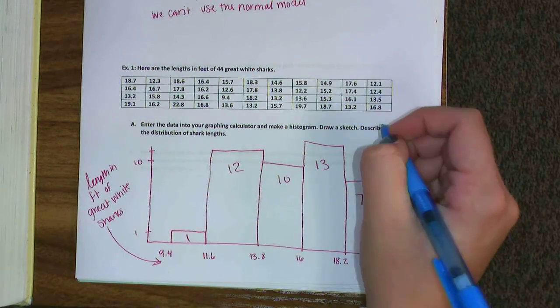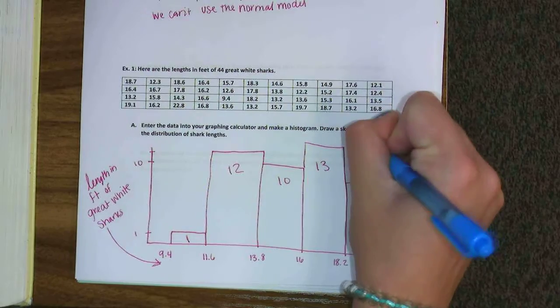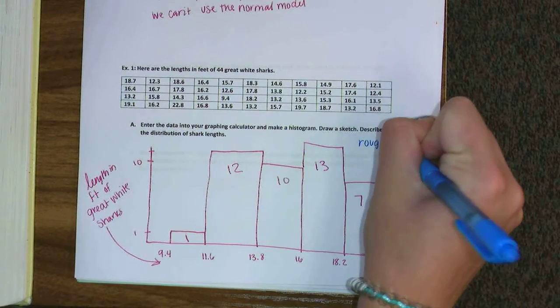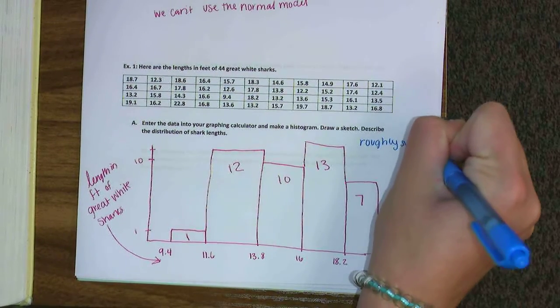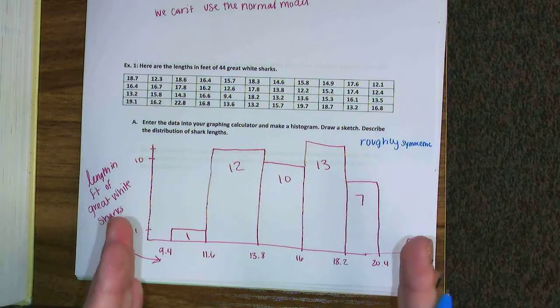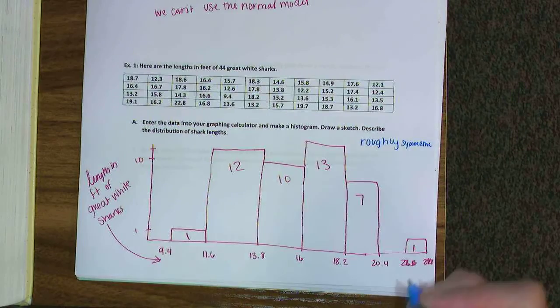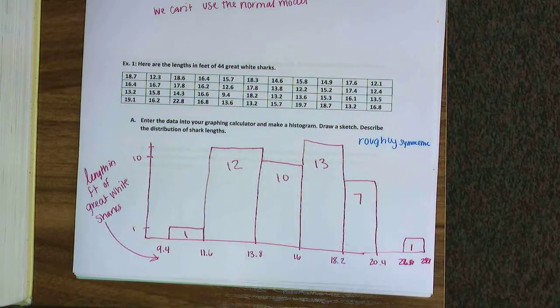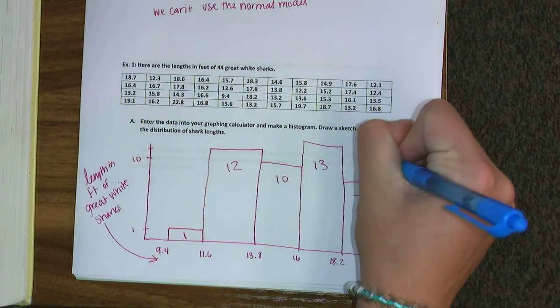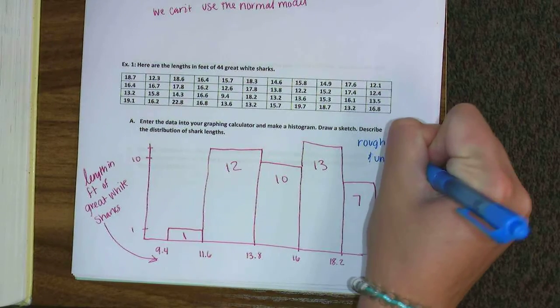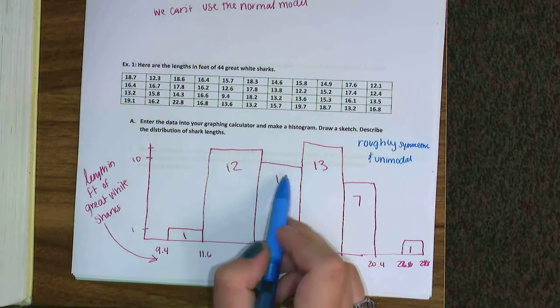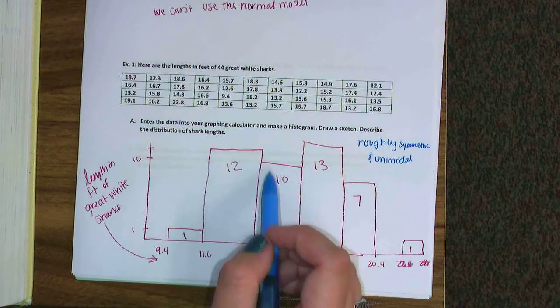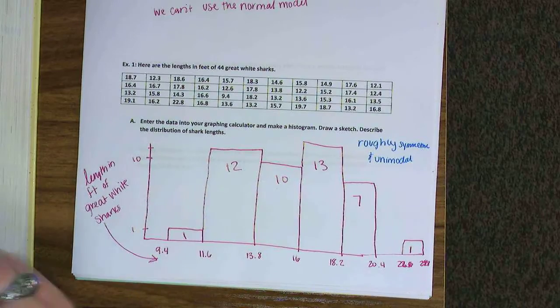No, I would say that it is roughly symmetric, because everything's still pretty condensed right here. Honestly, this over here is probably an outlier, so we can kind of ignore that. And it's unimodal. Yes, this one is a little bit shorter, but it would have to be several of them between to consider it bimodal.